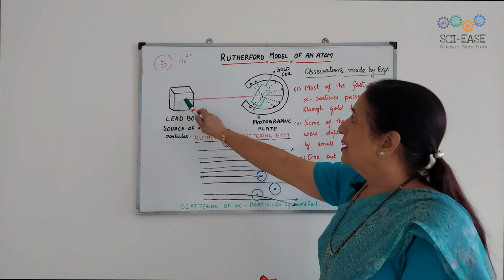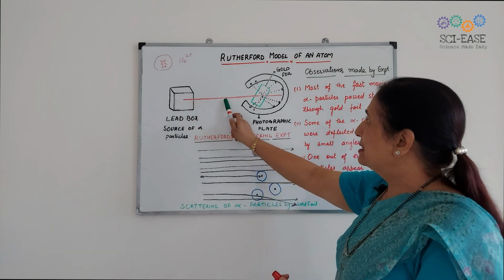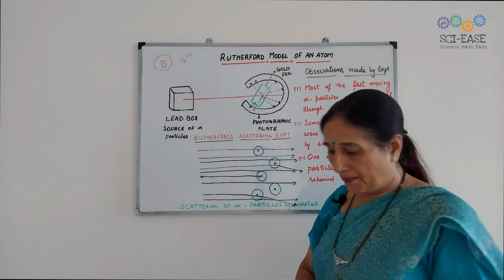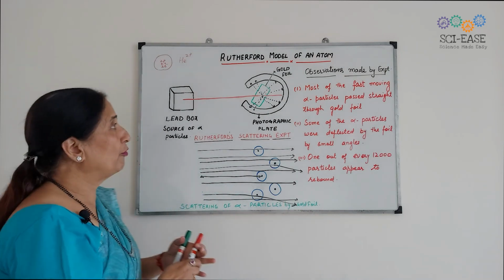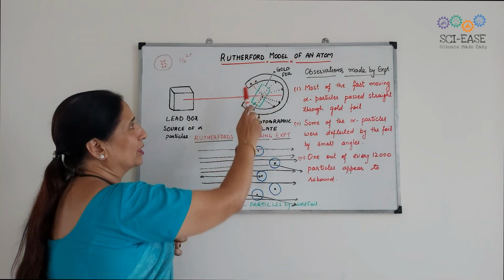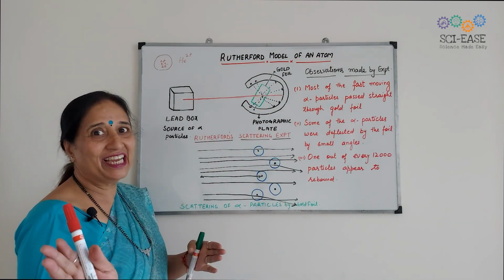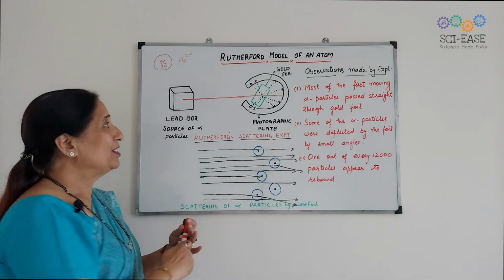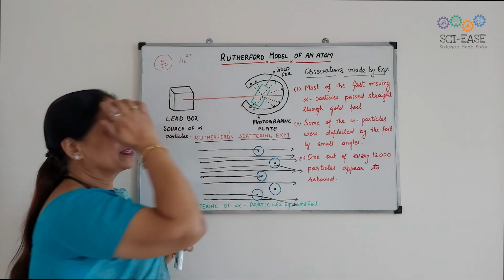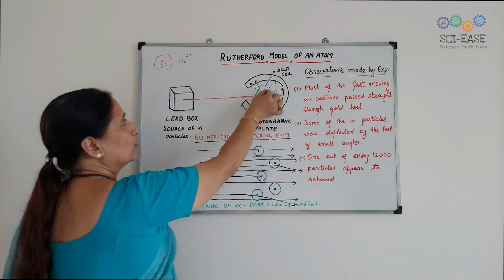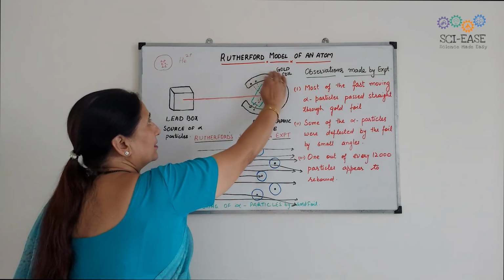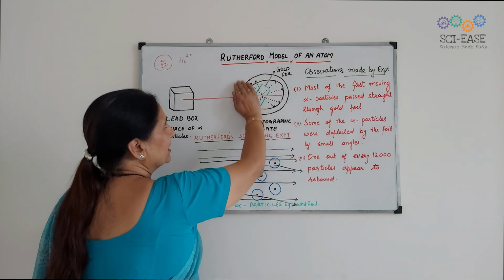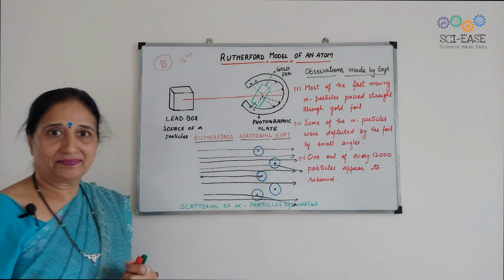From this, the alpha particles will come out. He took gold foil. Gold is yellow in color, but I did not have a yellow pen, so I drew it in green. Very thin gold foil, and around this there is a screen.